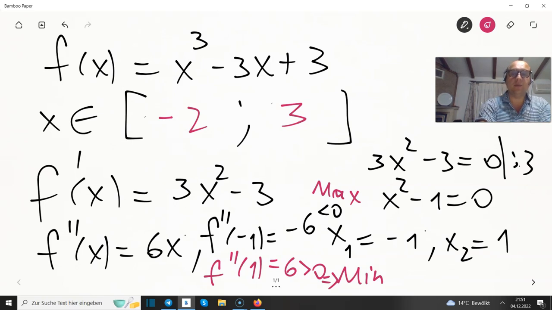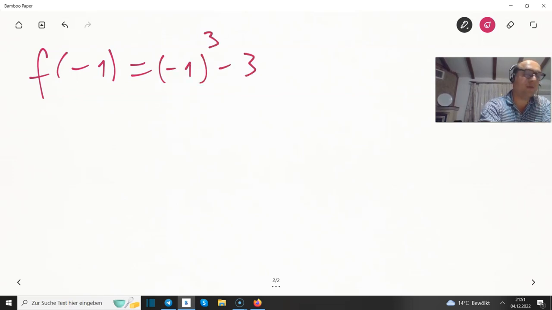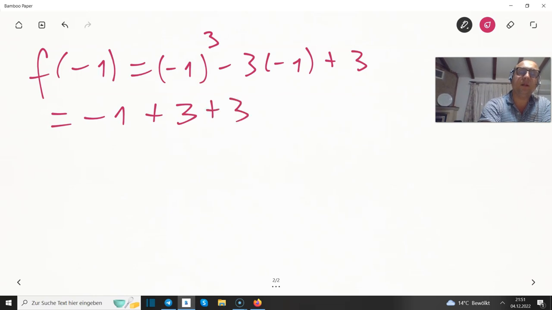All right. Can we compute those values? Yeah, well, of course we can. So let us compute f of minus 1. That would be minus 1 cubed minus 3 times minus 1 plus 3. That would be minus 1 plus 3 plus 3. This is 6 minus 1. This is 5. And what about f of 1?